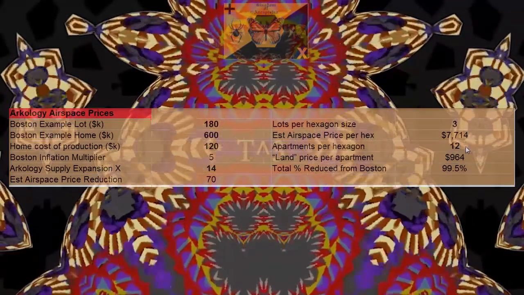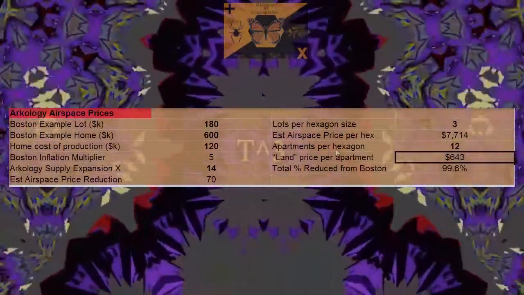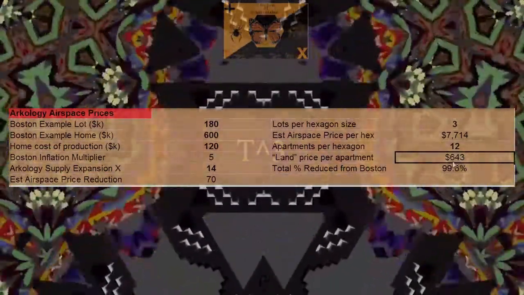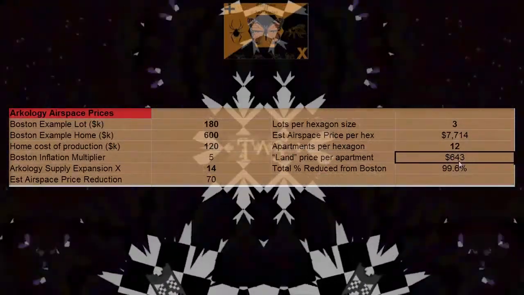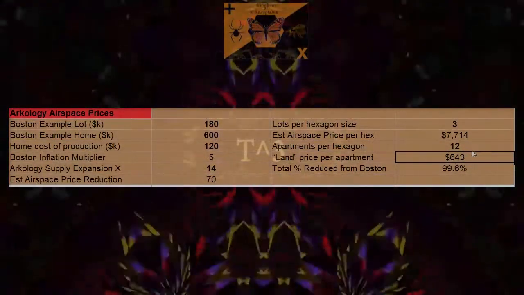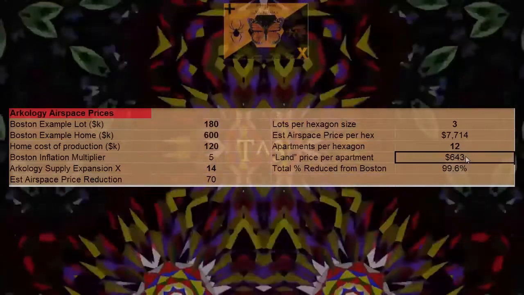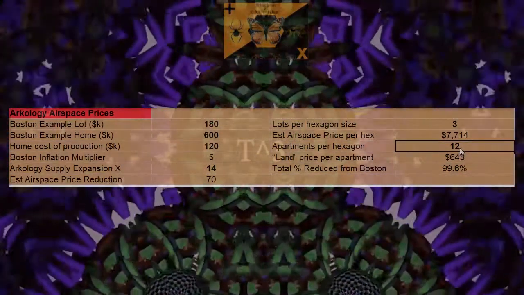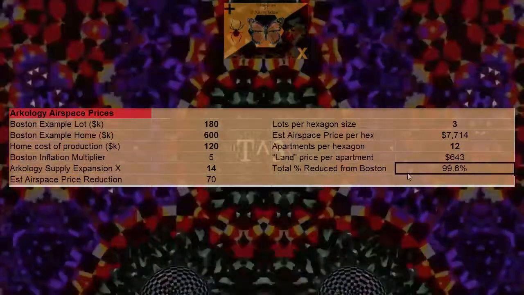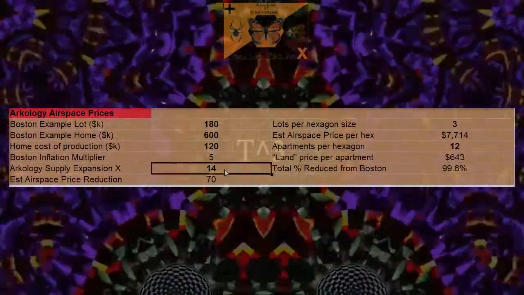If you do 12 apartments per hexagon, you're at $650 for your airspace price. And of course, this is a one-time payment. You pay this once and you own the airspace with no property tax. What a beautiful deal. My God, 99.5% reduction.